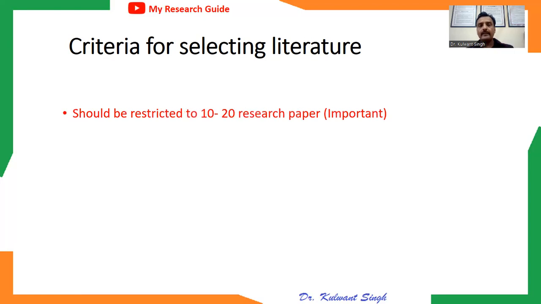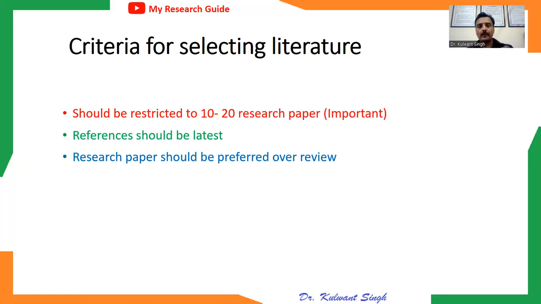In case of the synopsis, it should be restricted to 10 to 20 papers, and the papers should be important, very relevant to your research area, and only select research papers, not review papers. References should be the latest.